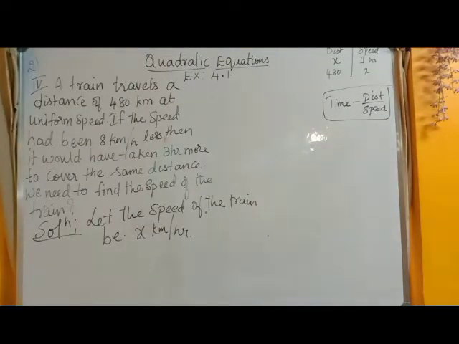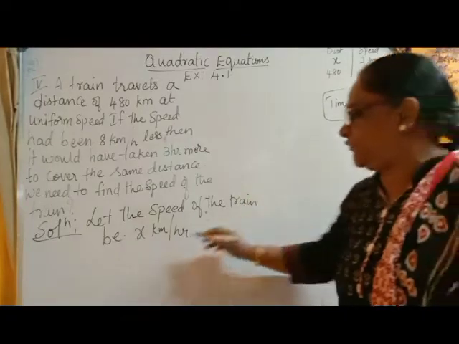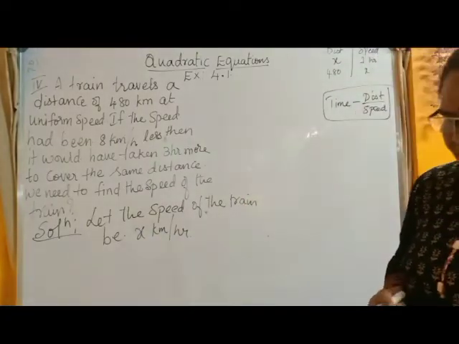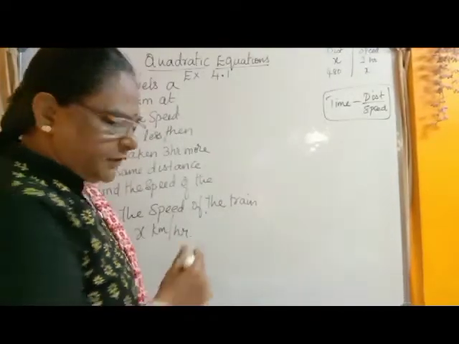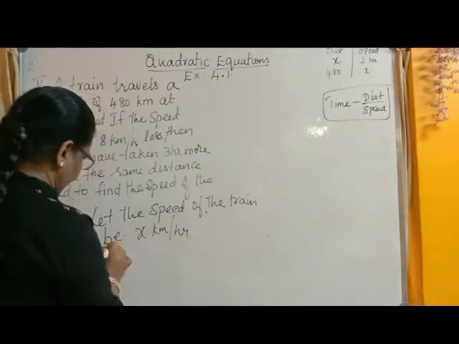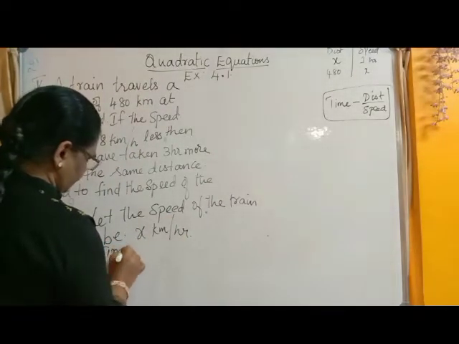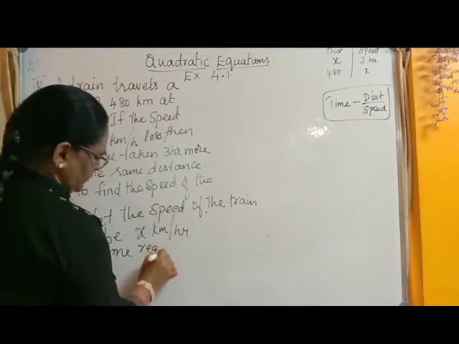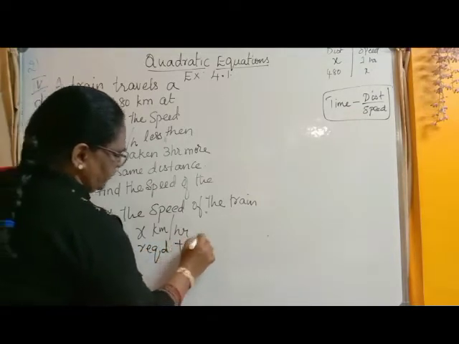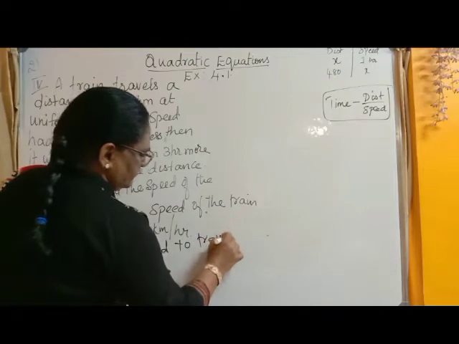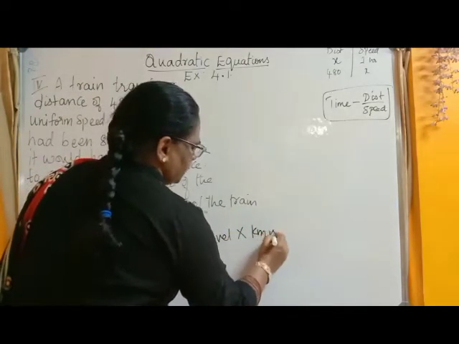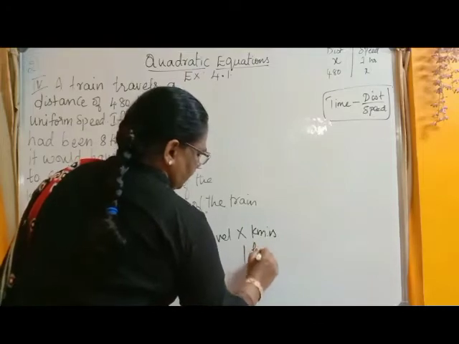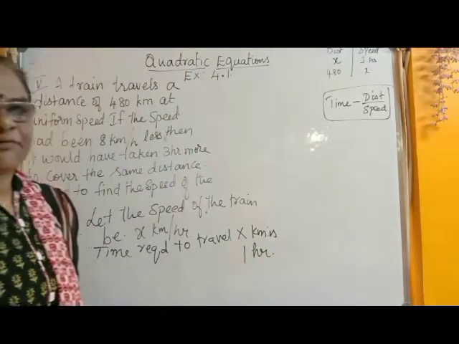Next, let us consider the speed of the train to be x kilometer per hour. Next, what is the time required to travel x kilometer? It is 1 hour, because speed means we are calculating for 1 hour only.